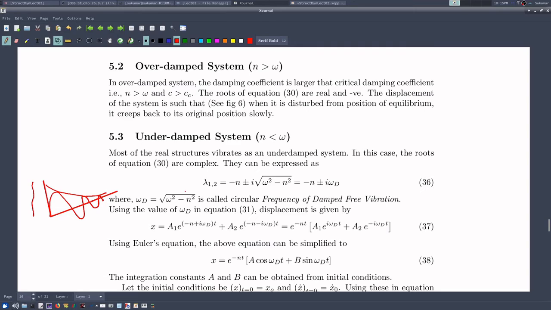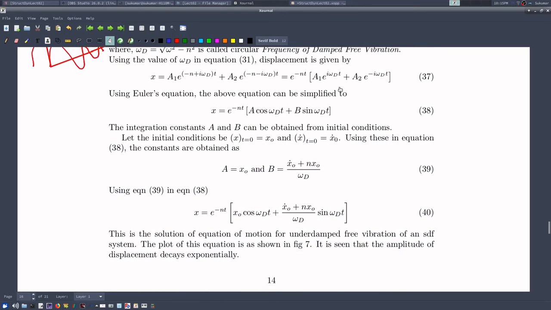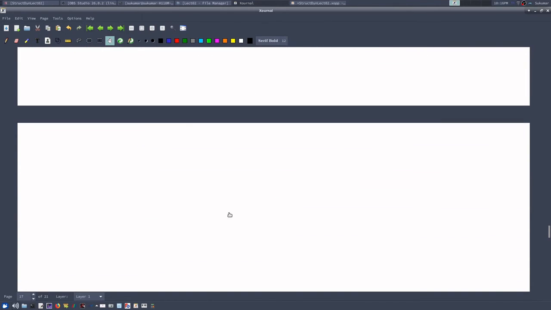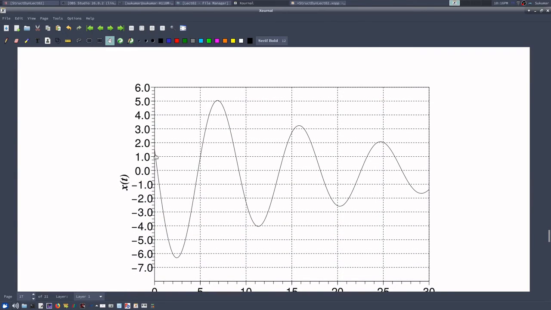So that's why underdamped systems are real systems, and we see that it is just similar to my undamped free vibration, but with an exponentially decaying envelope. If I plot them, then I will get a vibration like this. You see, this is my zero axis.